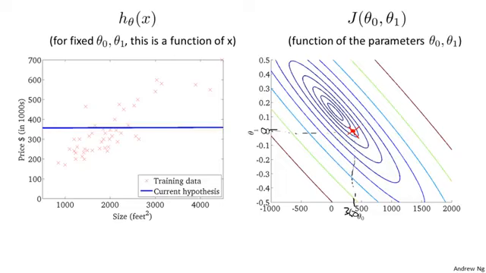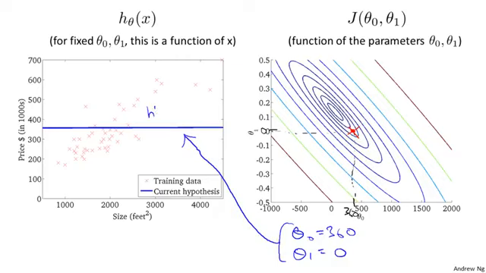So let's write that out: theta 0 equals 360, theta 1 equals 0. This pair of parameters corresponds to that hypothesis, a flat line. This is h of x equals 360 plus 0 times x. And this hypothesis, again, has some cost, plotted as the height of the J function at that point.